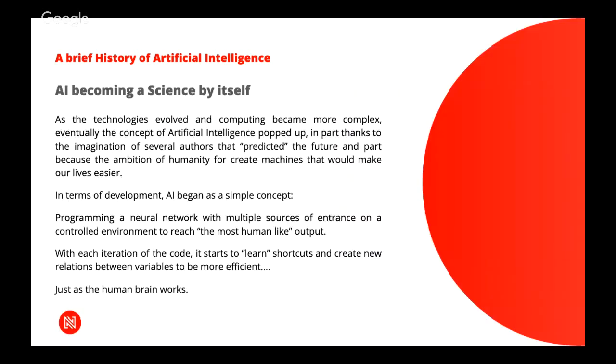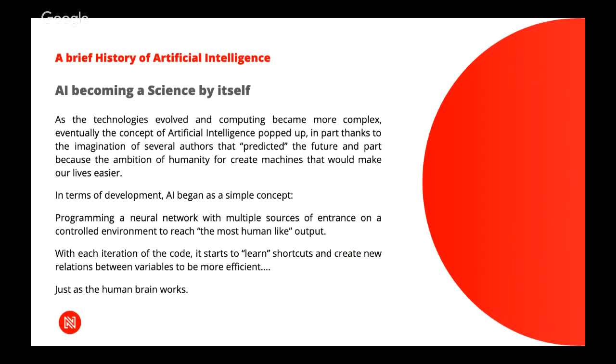So time passed, and as the technologies evolved and computing became more complex, eventually artificial intelligence popped up, in part because of the imagination of several authors that predicted the future, like the Supersonic family or the Back to the Future trilogy. And on the other hand, because of the ambition of the human to create machines that would make our lives easier.